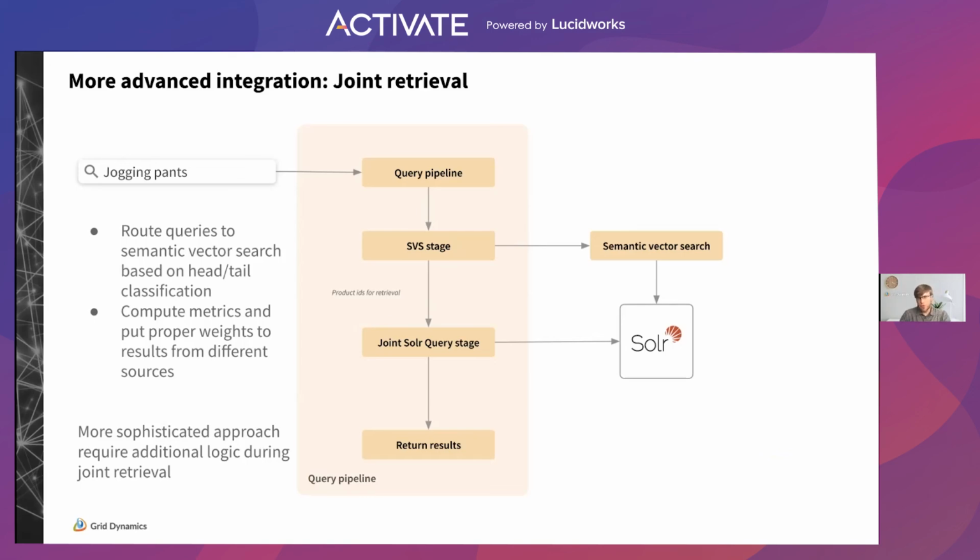If we did not understand it well, we can return semantic vector search, or we can just have a lookup for the query present in the head. If we've seen this query before, we probably think that the regular search will handle it better than vector search. There are many scenarios like this. And it's always challenging to find and compute proper metrics when using joint metrics, but it's still a solvable task, and it will give you much better results than just a fallback.